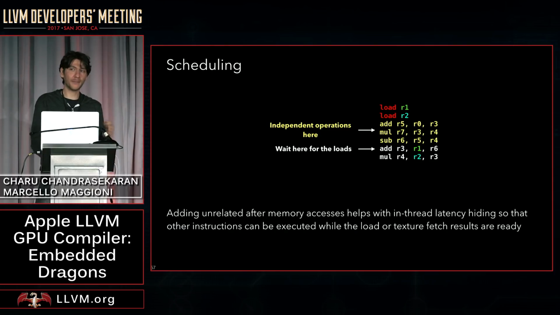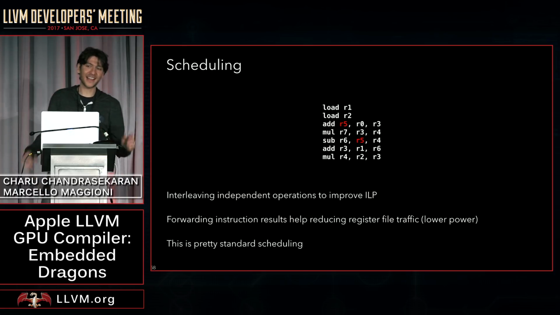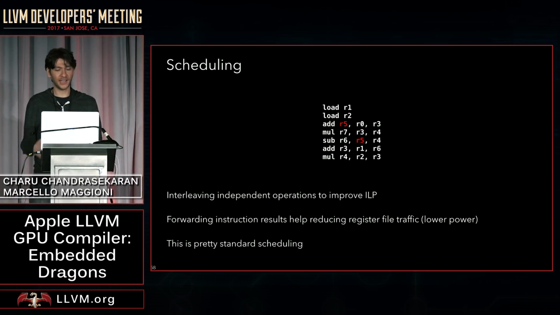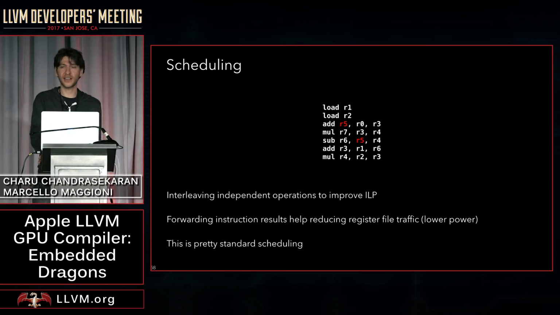We also bunch texture fetches that access the same texture together, so we run them together and we are more likely to hit the texture cache. We also order memory loads by address so that we exploit coalescing of memory accesses. Then we do pretty standard scheduling to avoid pipeline bubbles, but also keep instruction results near their uses so that we forward between instructions, which is important for reducing register file traffic.